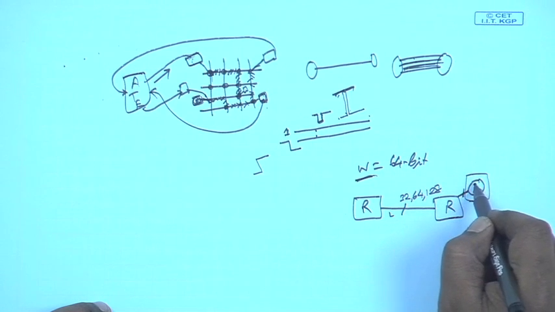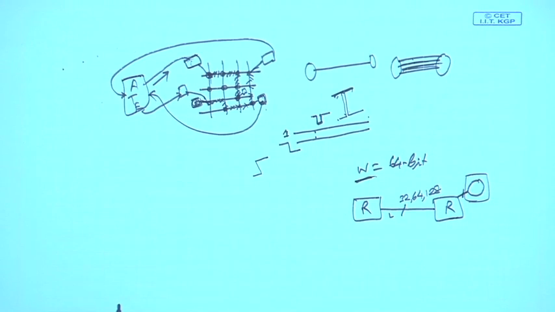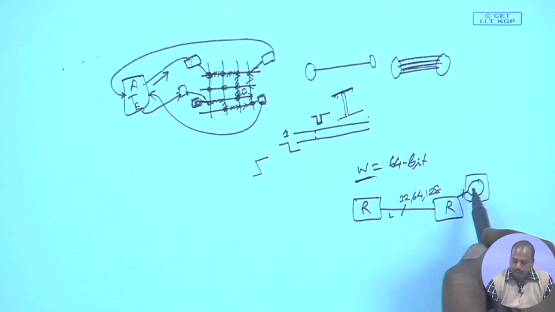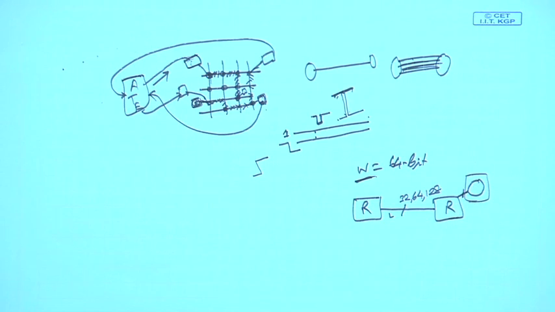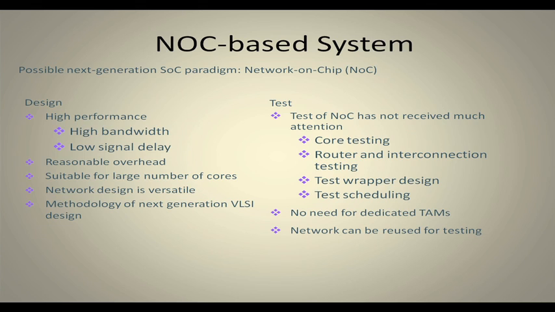If this core has more inputs than the channel that is connecting it, the wrapper has to take care of it, so that the interface becomes 64 bit only. So depending upon the link width, we have to see how many bits we have for the TAM.